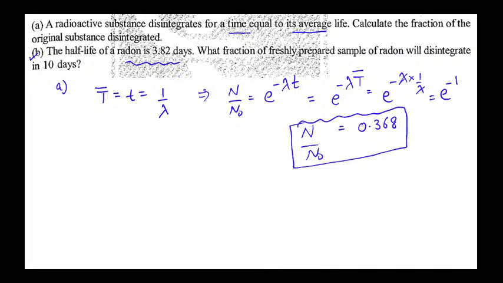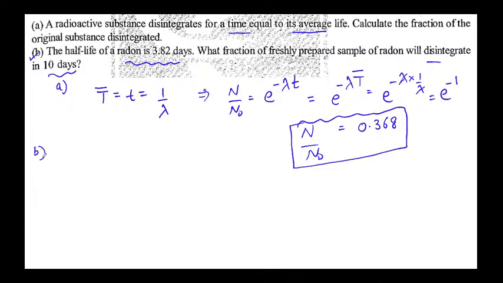What fraction of a freshly prepared sample of radon will disintegrate in 10 days? So for a substance radon whose half life is 3.82 days, in 10 days how much of the sample will disintegrate.